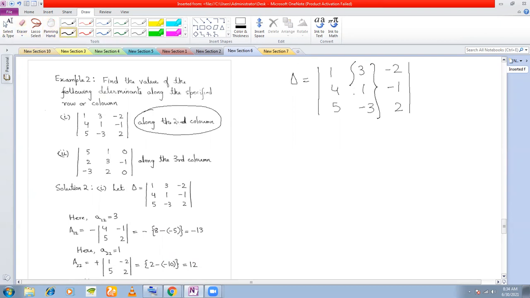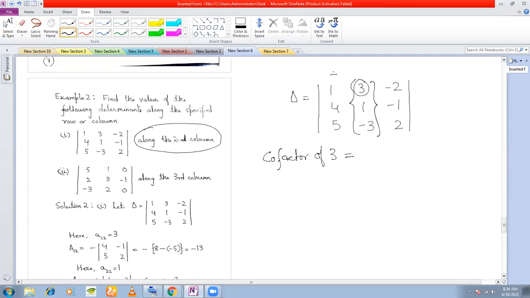So what do we do? We first find out the cofactor of each element along that column. Cofactor of this element 3: first of all, see the sign. Plus, minus, plus, minus, plus, minus, plus, minus, plus. The sign here is a minus sign. Since you want the cofactor of this element, you hide this particular row and column.